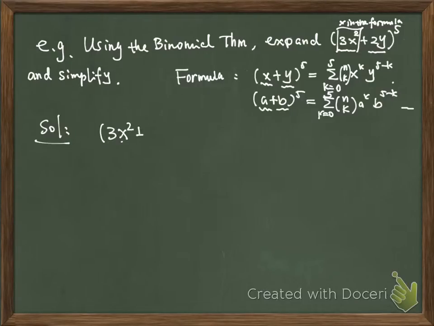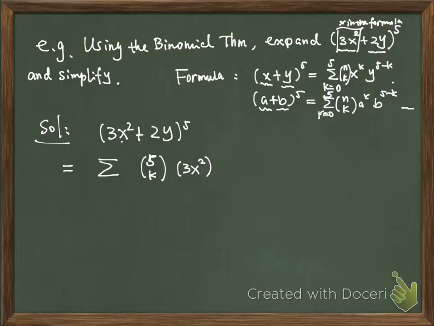3x squared plus 2y to the fifth can be expanded into the sum of the following terms. Of course, I can write that in sigma notation first, where I sum up the following terms, where n choose k, and again, n here is 5, choose k, and k is the power of the first term inside my parenthesis, that is 3x squared here.